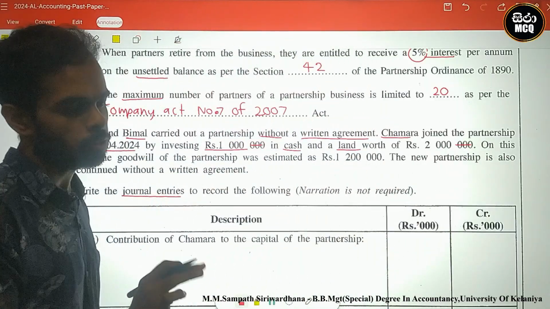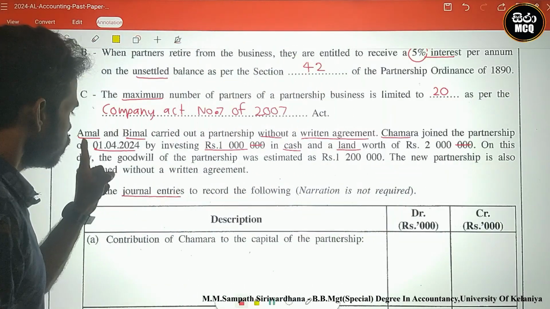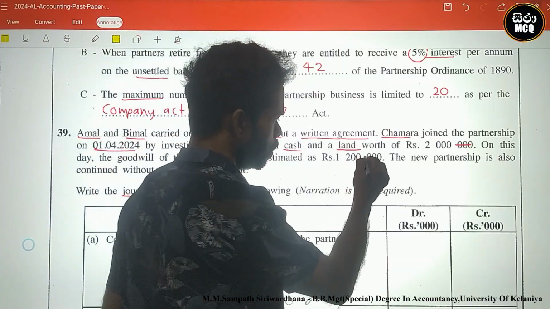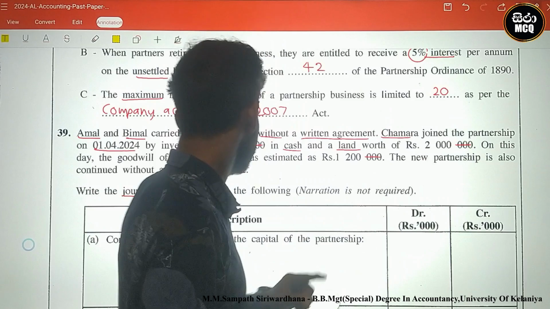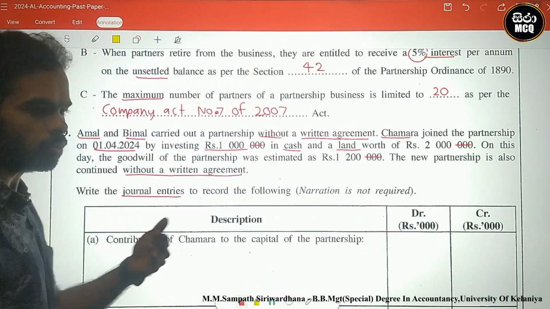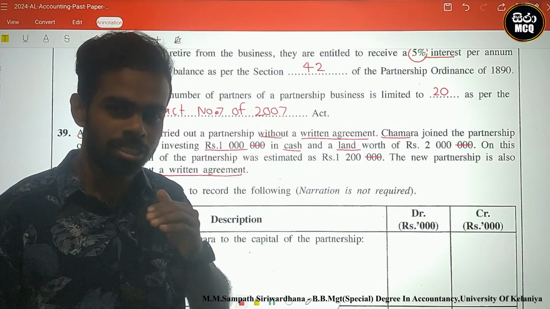This is the investment to the capital. On this day, the goodwill of the partnership was estimated at 1.2 million. The new partnership also continued without a written agreement, which means the profit and loss ratio is again equal.